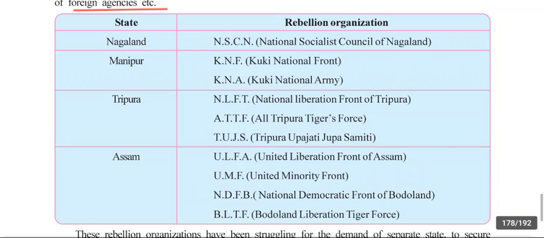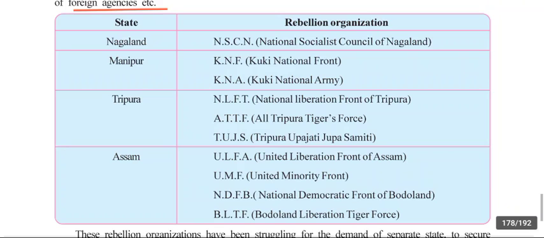So in all of these states, there are various organizations which are working for this purpose. In Nagaland, National Socialist Council of Nagaland is a kind of rebellious organization. In Manipur, Kuki National Front and Kuki National Army are the organizations working for separatist movement and rebellions. In Tripura, National Liberation Front of Tripura, All Tripura Tigers Force, and Tripura Upajati Juba Samiti are the organizations which are rebelling against the government.